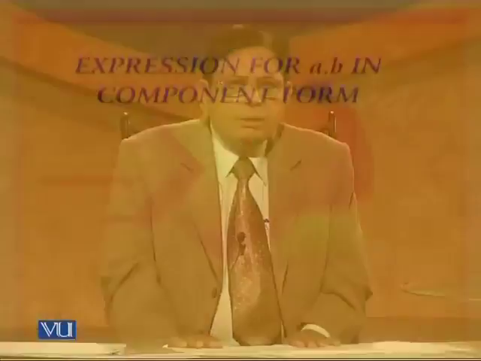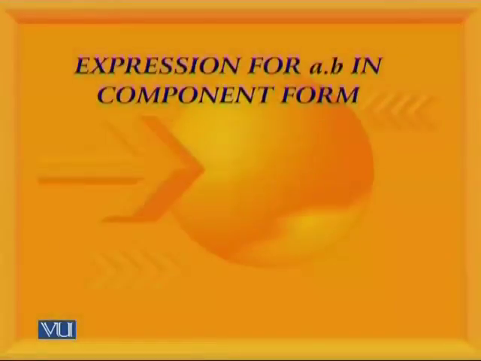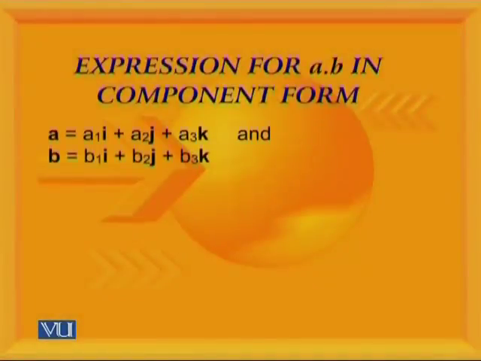How can we represent this dot product, scalar product result in components form when we are given the rectangular components form of the vectors? Let us see on the screen. The vector A is equal to A1 i plus A2 j plus A3 k, and vector B is equal to B1 i plus B2 j plus B3 k.